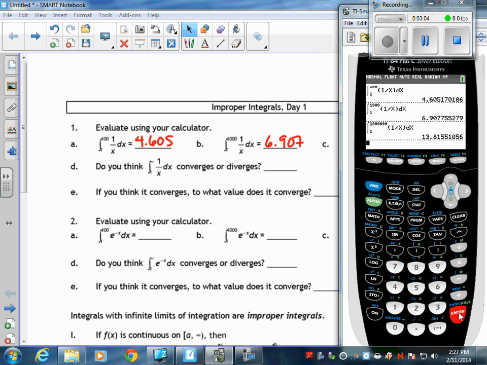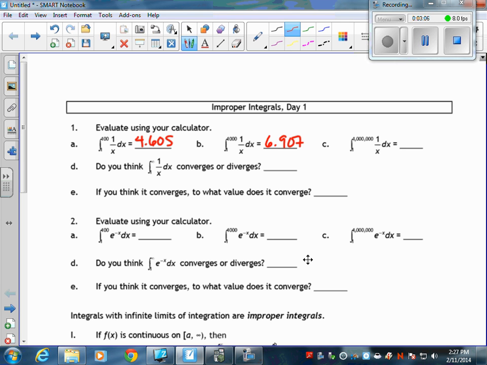So at this point, I'm not sure if this thing is actually going to converge. It seems that every time I add a couple more zeros to the upper bound, this thing is continuing to get larger. So if I had to guess right now, I would guess that this is going to diverge. As I get closer to infinity for my upper bound, this area is going to just get bigger and bigger and bigger.